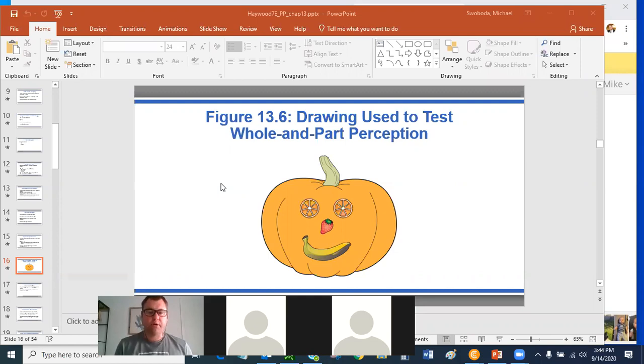Where do you think you'd see problems here? What do you think is going to be screwed up in this picture if something's screwed up? Like the eyes aren't in the right place? Maybe. Think of the sizes of these things.